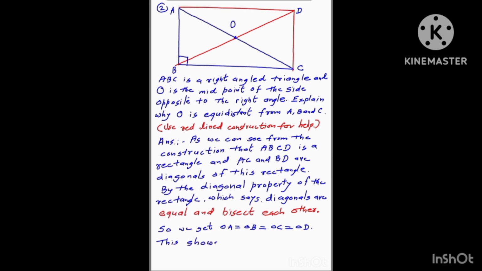Okay, this shows that OA, OB, OC all are equal. That means O is equidistant from A, B, C. Very simple argument, and that construction has made it very simple.